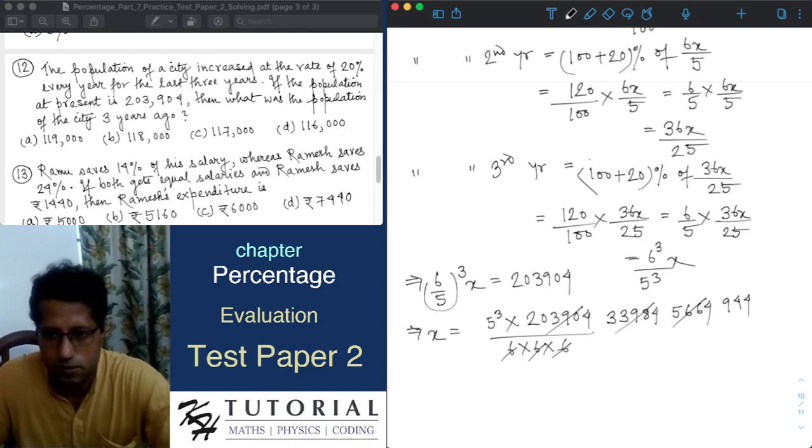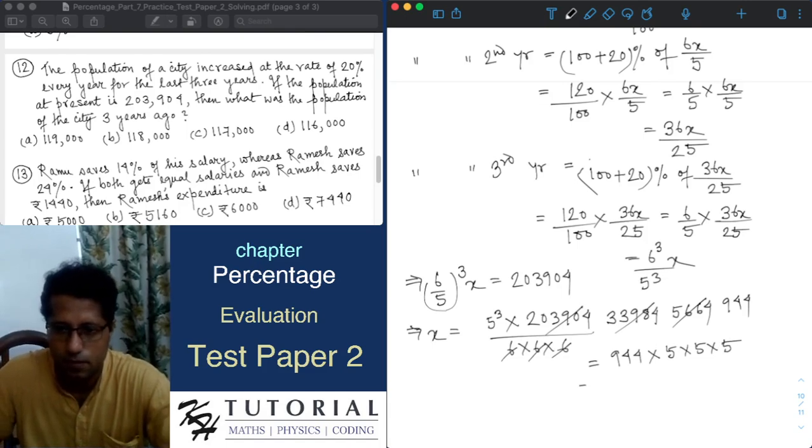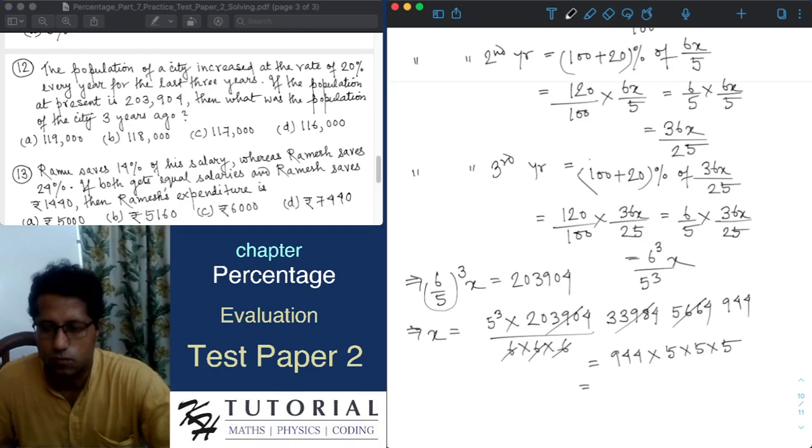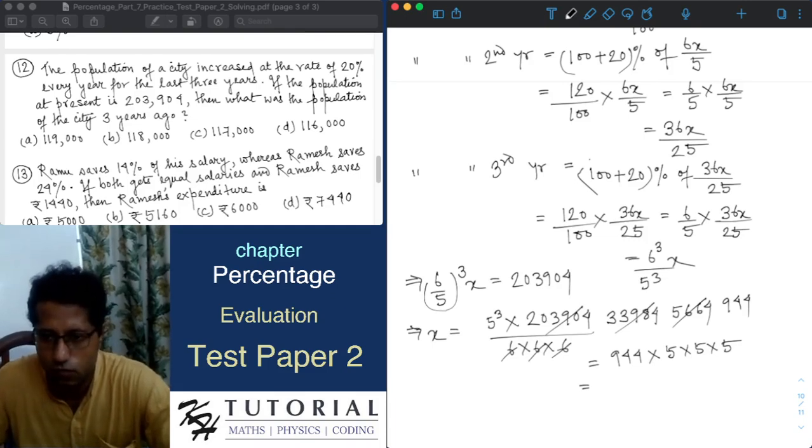So the answer is 944 multiplied by 5 multiplied by 5 multiplied by 5. This is equal to 944 into 5, which is 4720. This multiplied by 25.